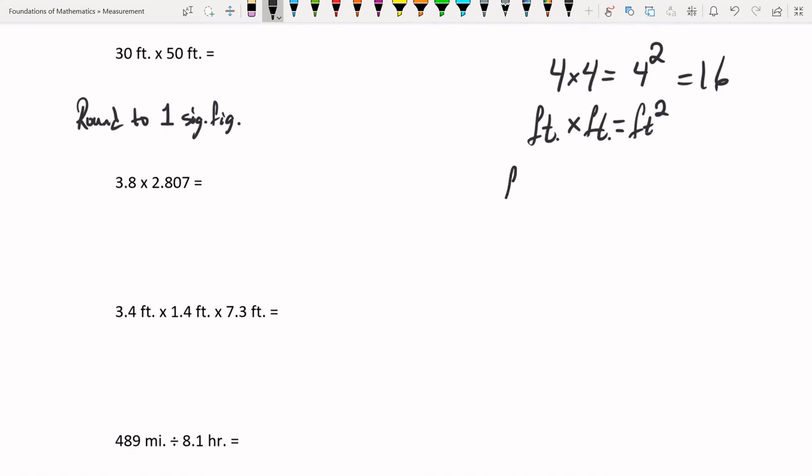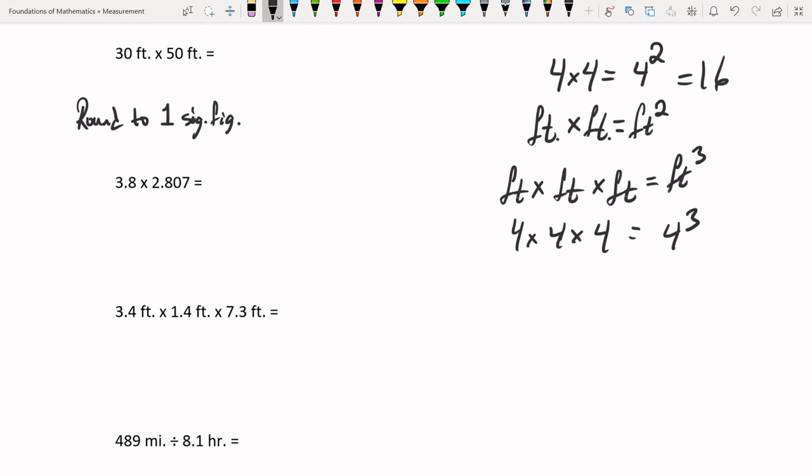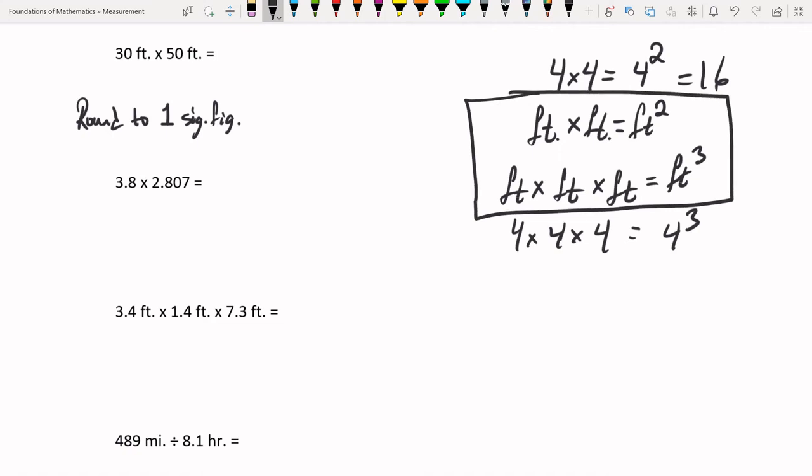The same thing is true, right? If we have 3 of them, just like if we had 4 times 4 times 4, this would be 4 cubed. Foot times foot times foot is foot cubed. This is also a cube foot, or a cubic foot, which is a measurement of volume. So we can do that with any unit we want. That's going to be important for the rest of chapter 5 when we do unit conversions.